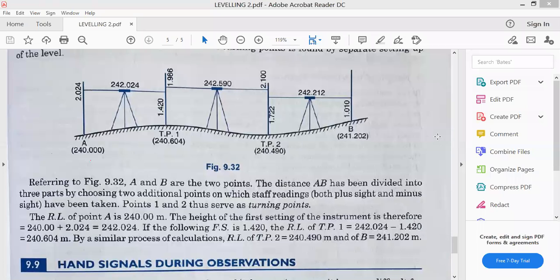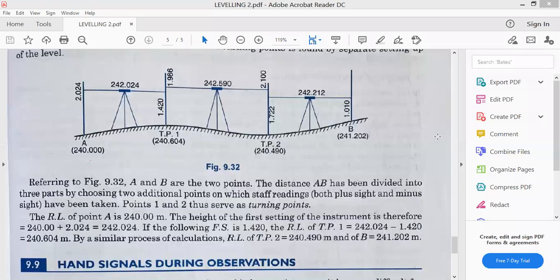Next, after this turning point, I shift the instrument. After shifting the instrument, take the backside reading on TP1 only, which is 1.986. Now calculate the height of instrument again.